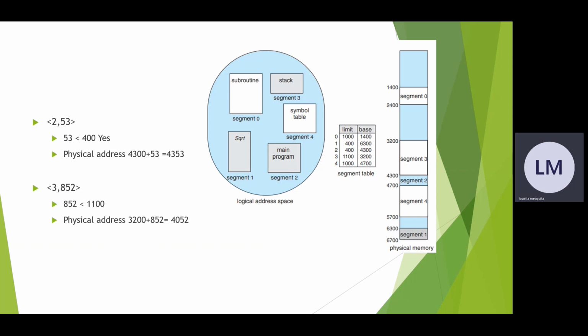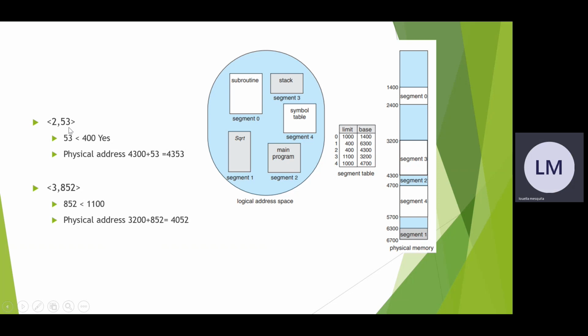Let's consider the logical address 2, 53. We use 2 as the index to the segment table. We find that segment 2 is 400 bytes long and starts at location 4300. We check if the offset, that is 53, is less than the limit.